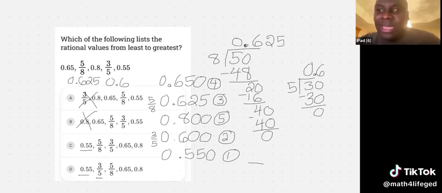Okay, we got that. And once you begin to get those numbers in order like that, you don't even need to continue to compare. You know that D is your answer, right? And then you would select D as your answer and move on to the next problem on the exam.